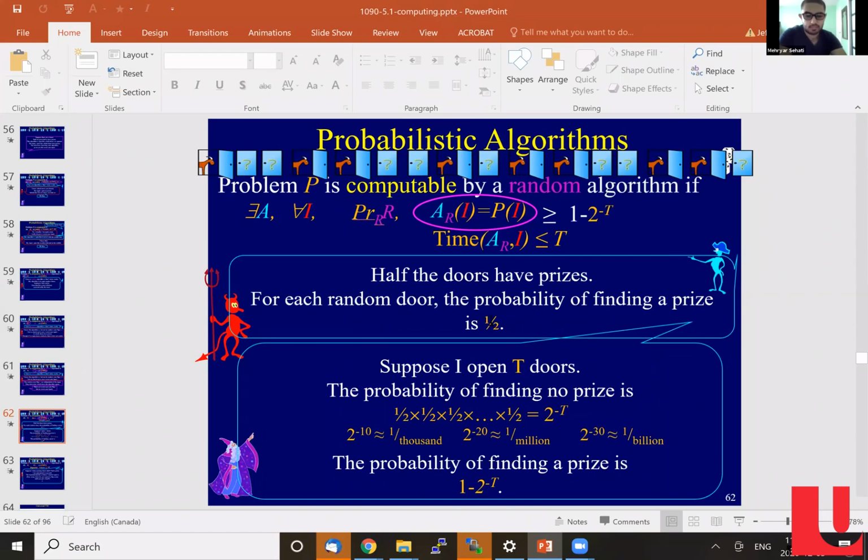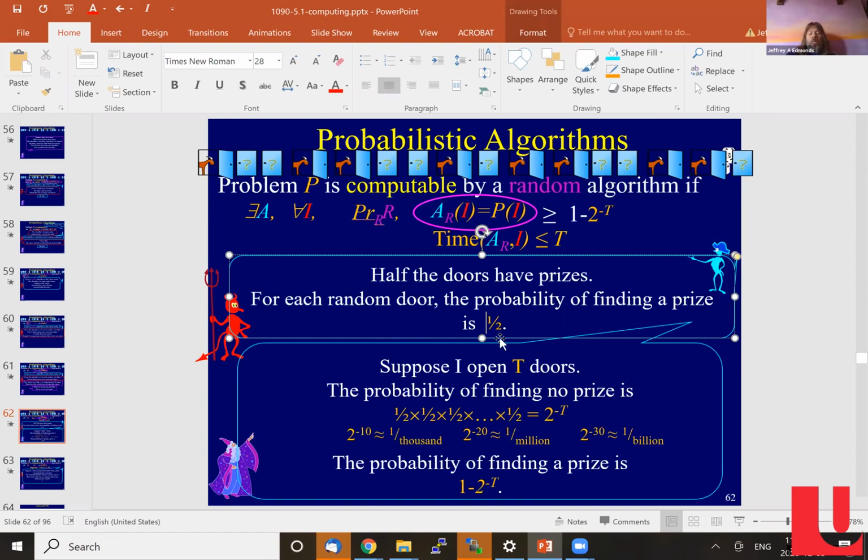Let's say that I put one prize, and every 7th door has a prize. So the probability of finding a prize is 1 over 7. What's the probability I don't find a prize?